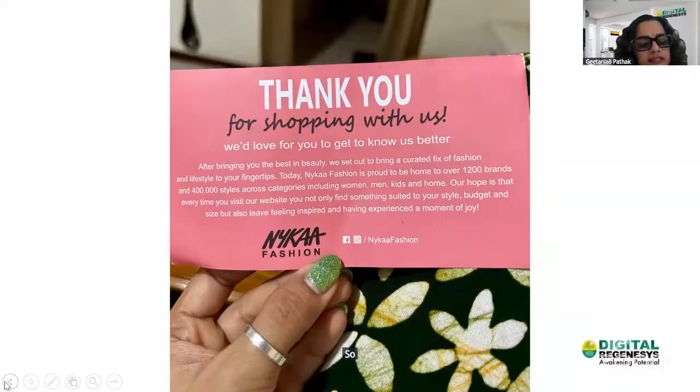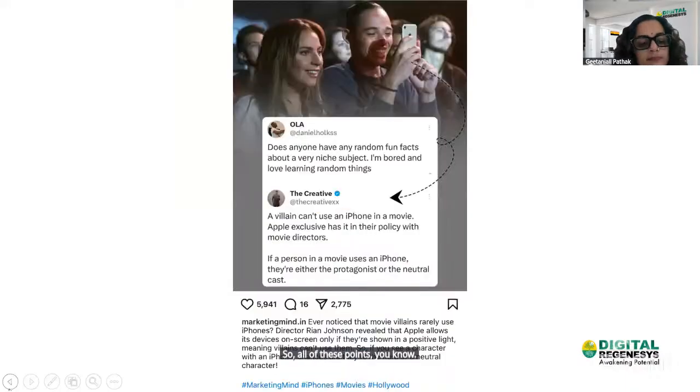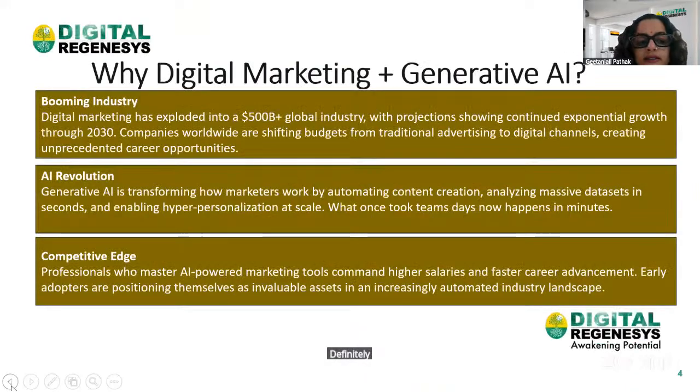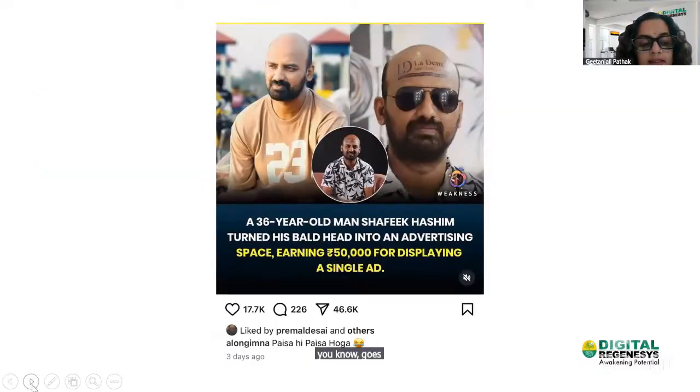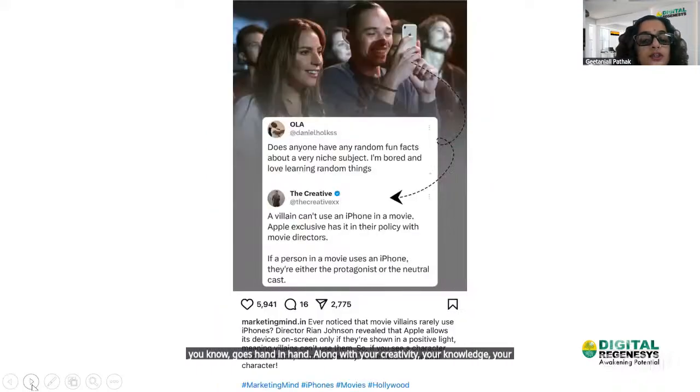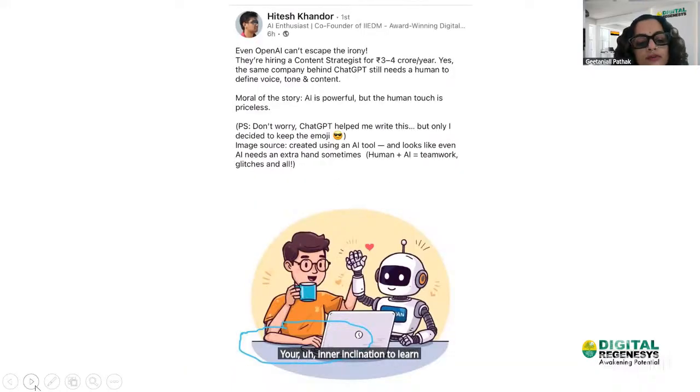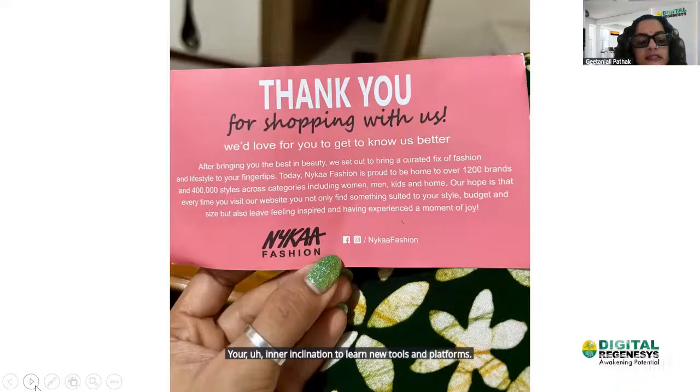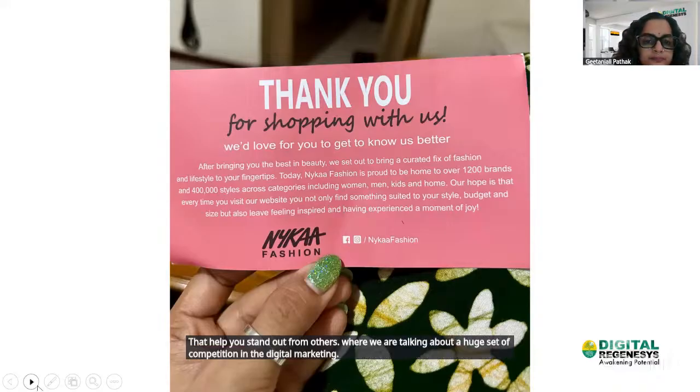All of these points we discussed definitely had a human intervention. So generative AI and marketing go hand in hand, along with your creativity, your knowledge, your domain, and your inner inclination to learn new tools and platforms that help you stand out from others, where we are talking about a huge set of competition in the digital marketing domain.